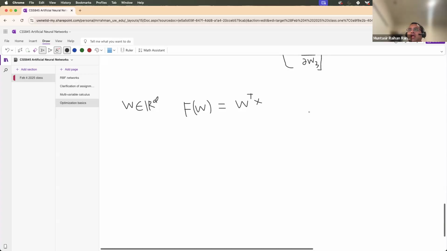And now we want to compute the gradient of this function with respect to w. Here is where you can start thinking about the trick that we did last time, that we think of these as scalars. So if this was a scalar instead of a vector, what would be the derivative of this function with respect to w, if both w and x were scalars and x is a constant?